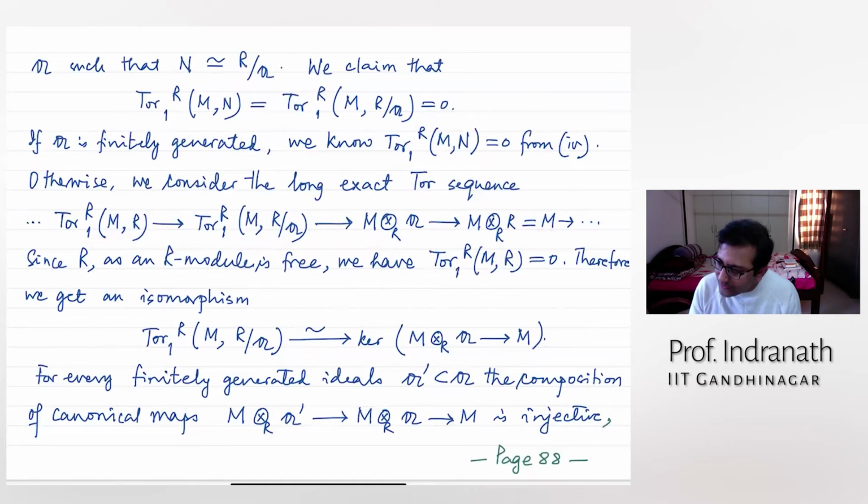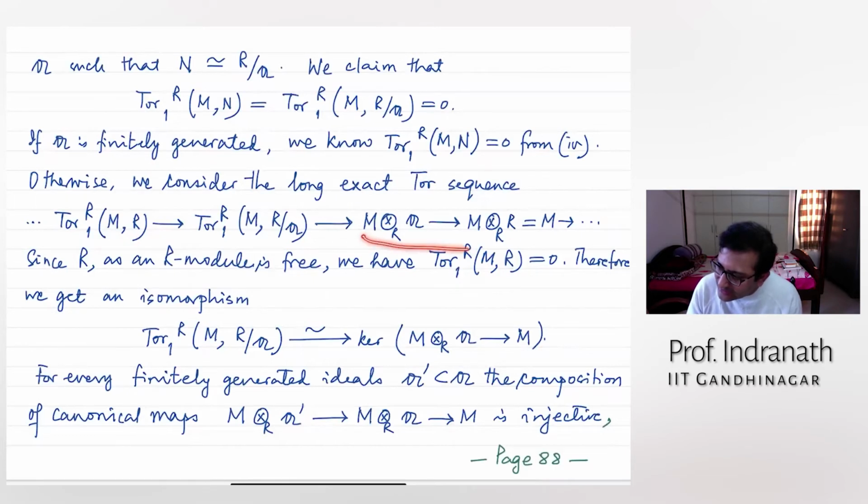So you have Tor of R mod A. R is free, and you have just now said that if you have projective or flat, you have 0. So you have 0 here, and therefore you have an isomorphism.